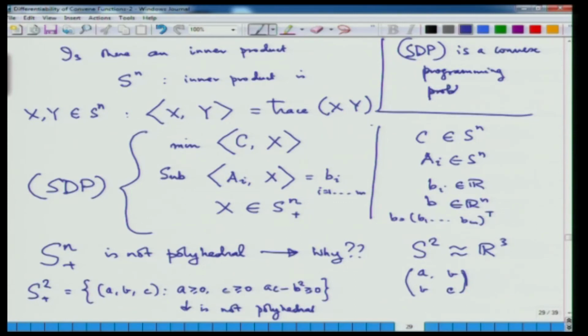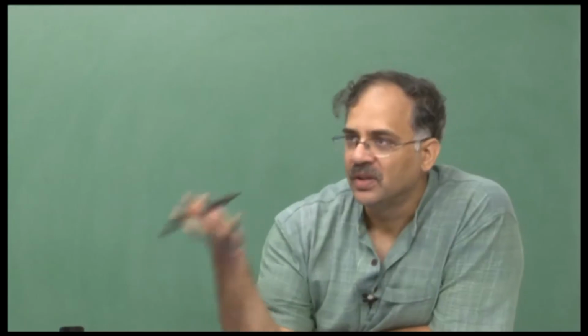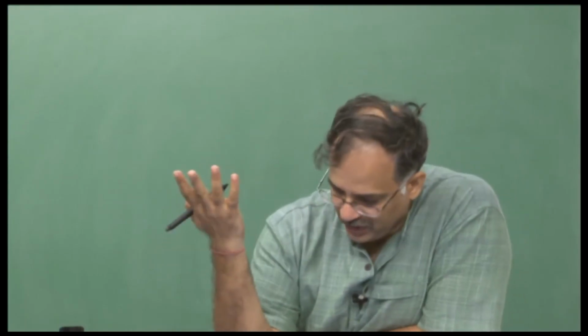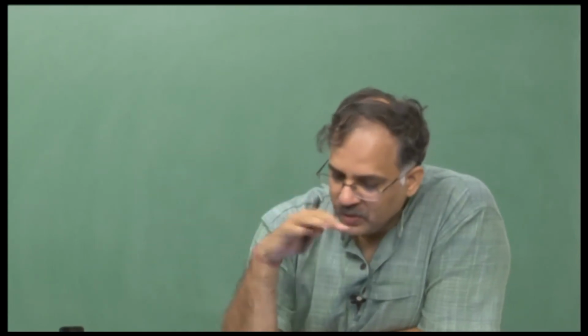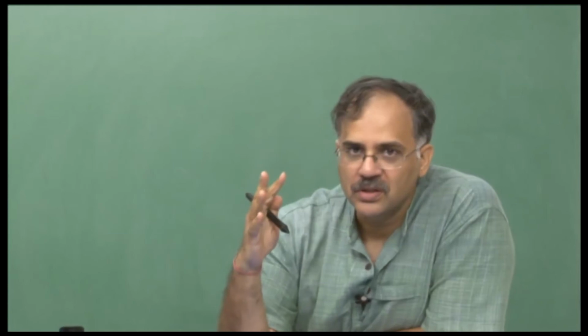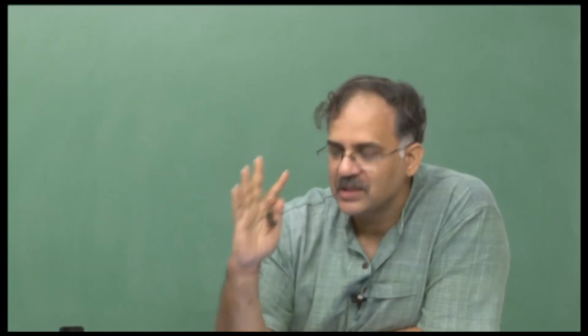In tomorrow's class, I will start discussing the SVEC and give you another very general way of telling why this is not polyhedral. We will show that you can always map this S n plus to the second order cone, which is not polyhedral. Secondly, tomorrow we will give you some interesting examples of problems which can be cast as SDP.